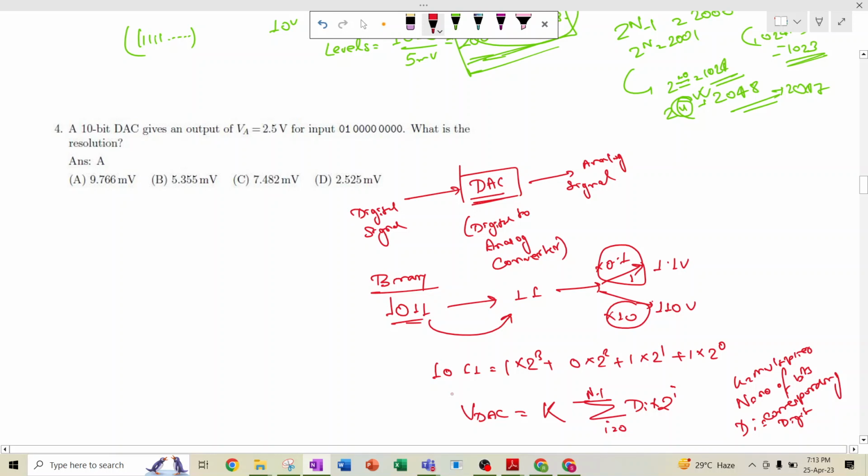So these are the basics of the digital to analog converter.